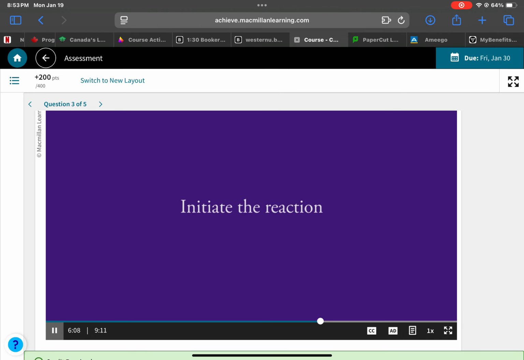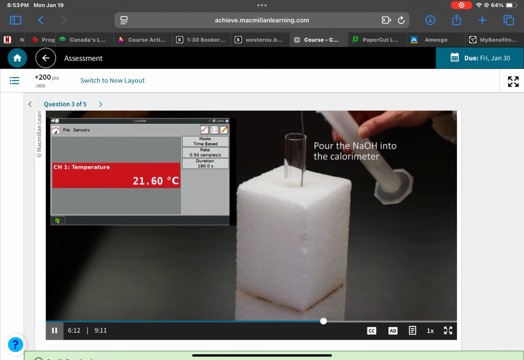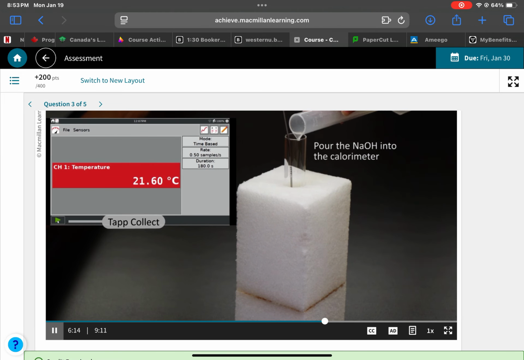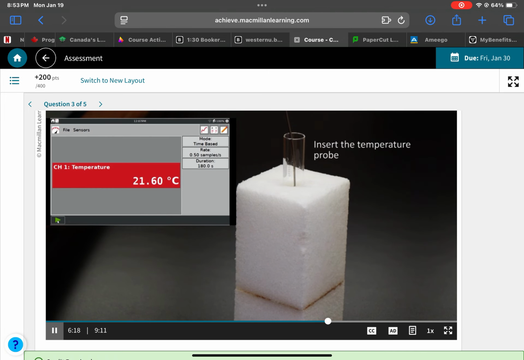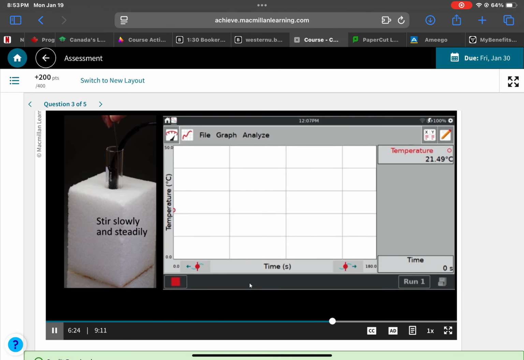Initiate the reaction. Pour the sodium hydroxide into the large test tube. Tap on Collect on the LabQuest unit. After the sodium hydroxide has been added, insert the temperature sensor. Begin to slowly and steadily stir the contents of the test tube for 180 seconds. Ensure the temperature sensor is not moving up and down while stirring.